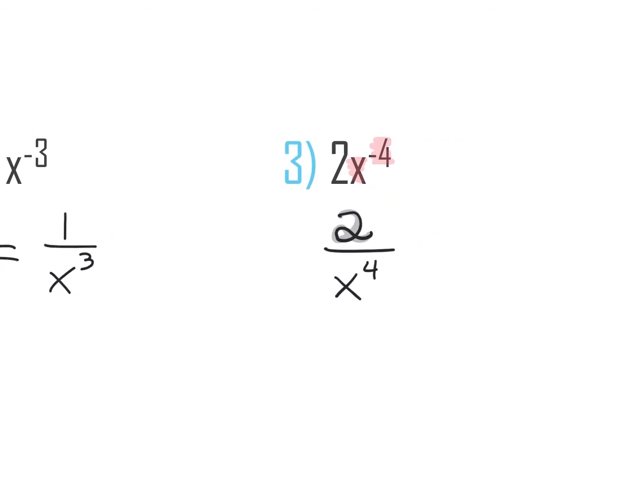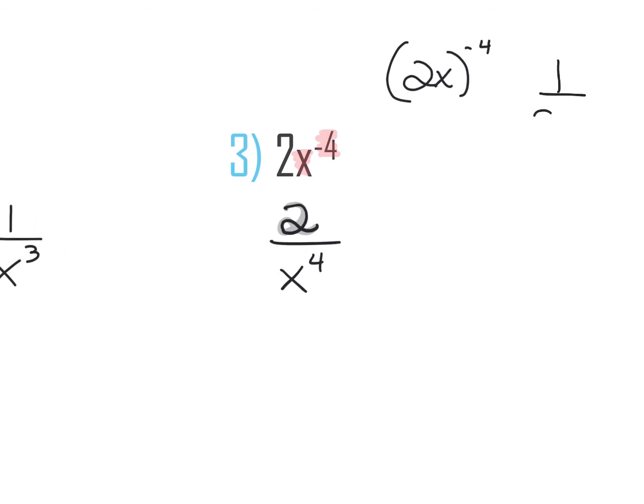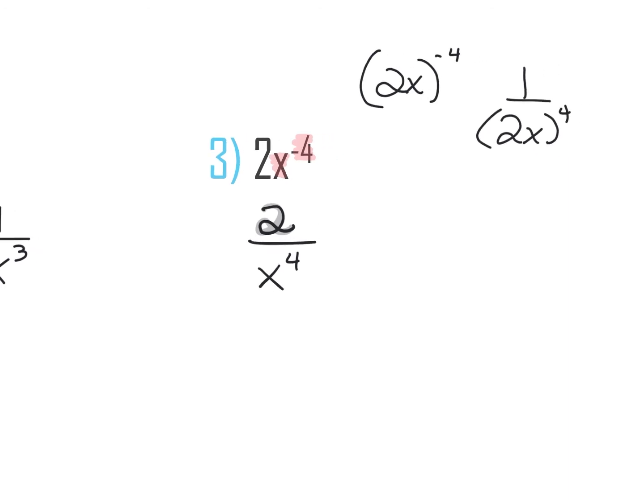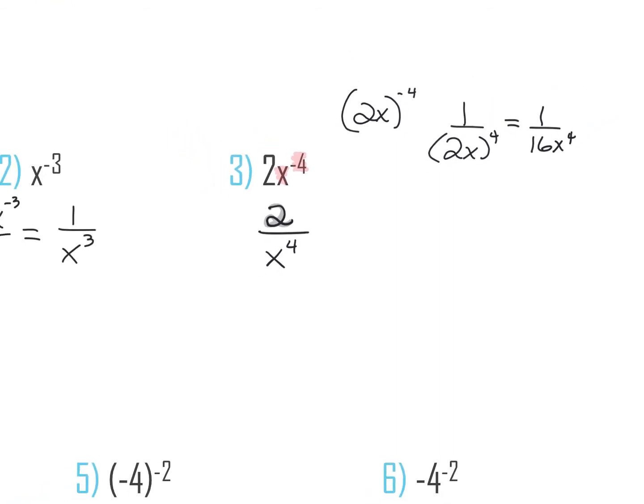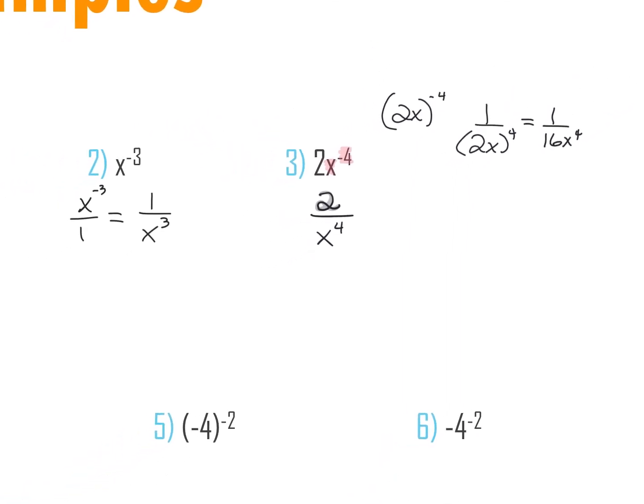If there were parentheses around this, then the whole thing would move to the denominator. And then we would evaluate 2 to the 4th and x to the 4th, and this would become 1 over 16x to the 4th. So be very careful if there's no parentheses around the variable that has the negative exponent.